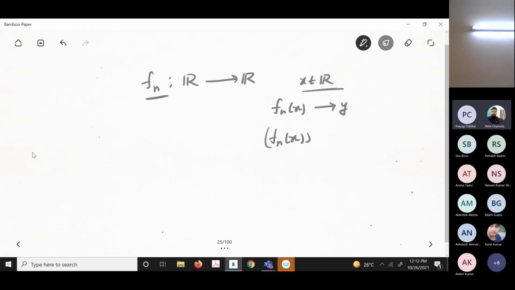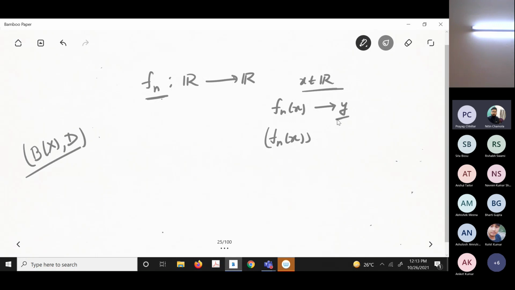We did something similar when we proved B(X,R) is a complete metric space. There we defined it through pointwise convergence. So you get a sequence of functions, and at each point a sequence of real numbers.